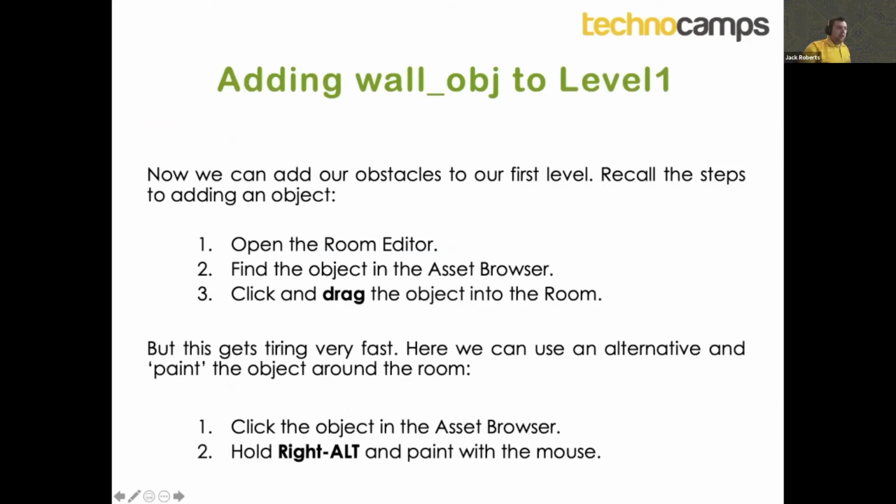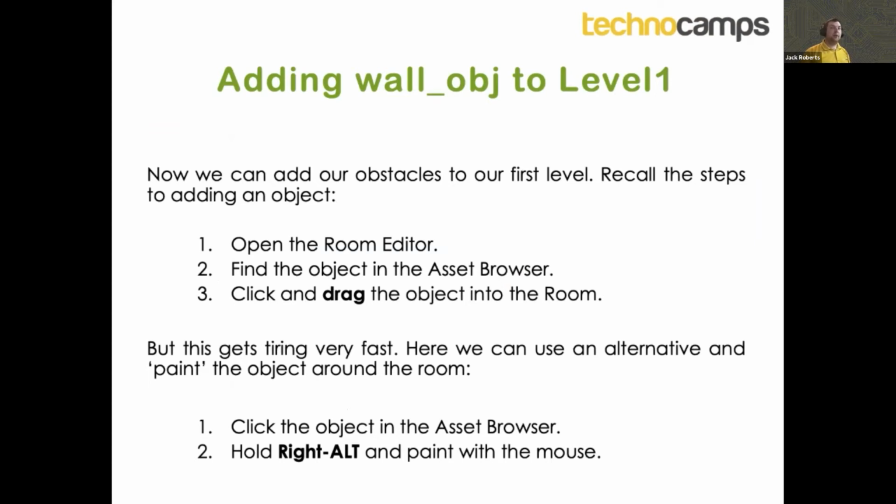So to add wall object to level 1, we're going to go to the room editor by double-clicking that in the asset browser to open it up. We're going to drag the object into the room. However, if you're making a pattern of lots of objects, particularly walls, it can get tiring if you're having to drag in every single one individually.